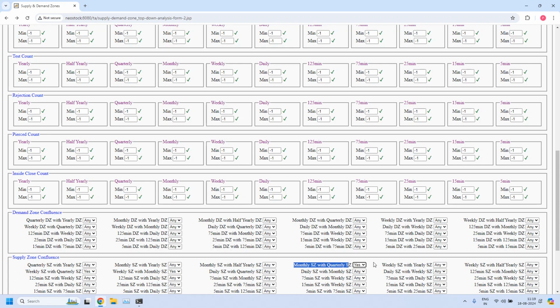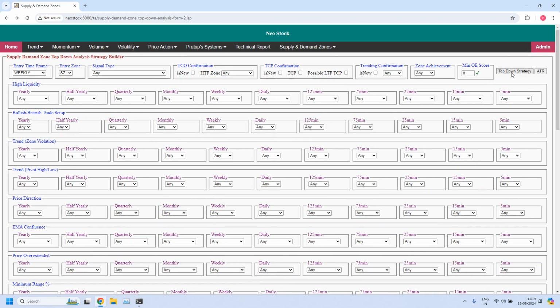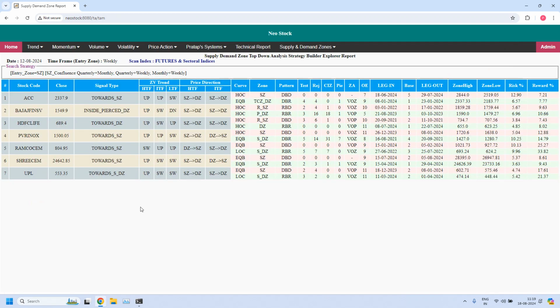With all the three confluence, let's filter the stocks. 7 stocks only filtered.